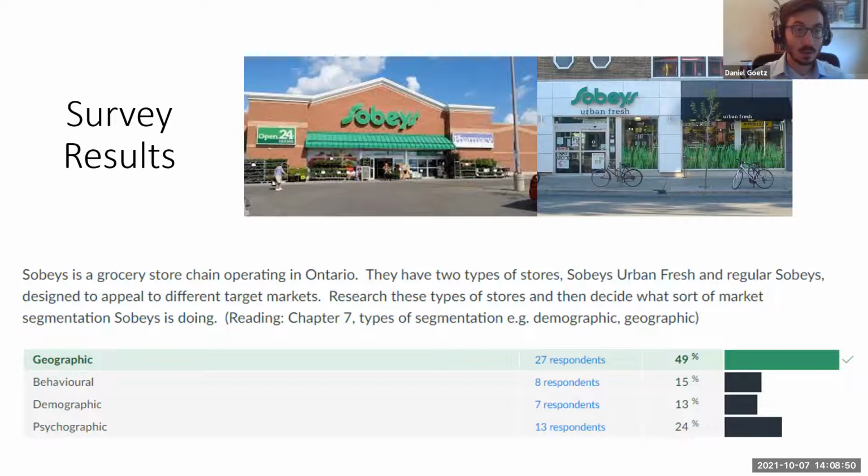Let's see. Is Shan Sai here? Okay, yeah, so Shan, can you unmute and tell us why you chose geographic?